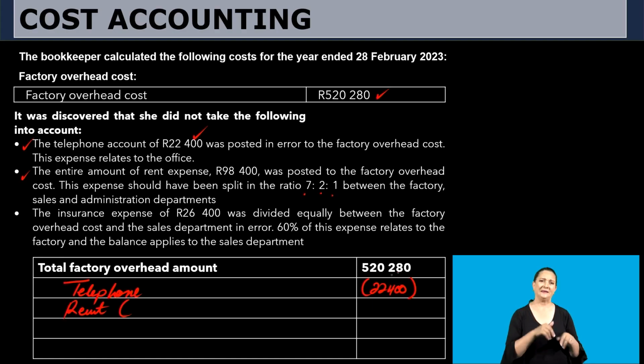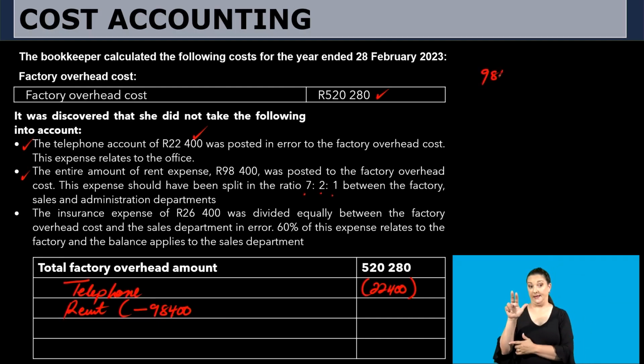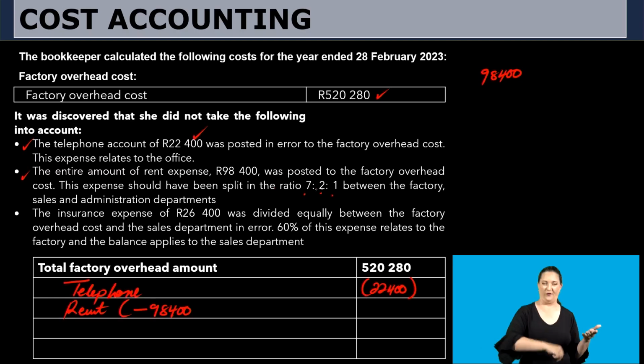I know that I have added 98,400, but it is incorrect to add it that way. So I'll say minus 98,400. I'm taking it out, the 98,400 which was added incorrectly. And then I know that it should be split.